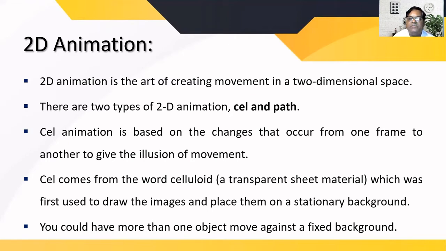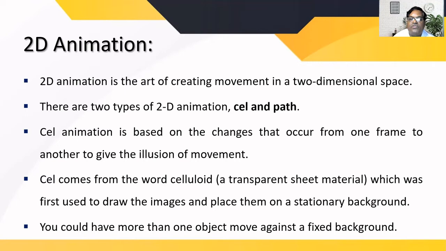Cell animation is based on the changes that occur from one frame to another to give an illusion of movement. You can change the images for every frame so that you feel the illusion of movement of an image in cell animation.